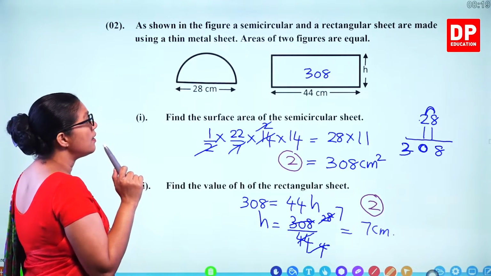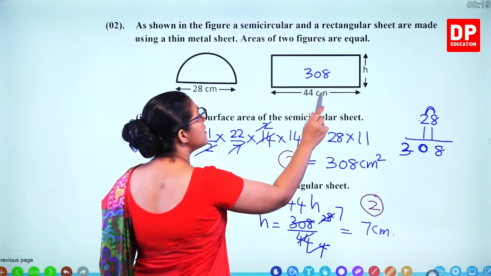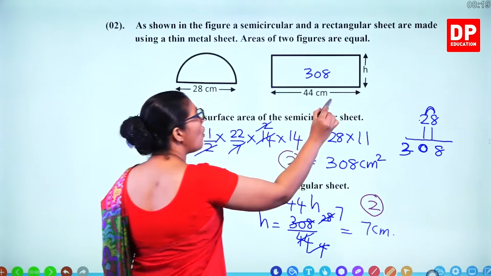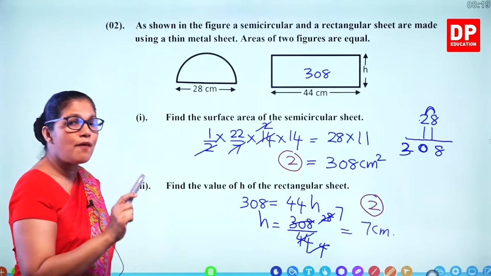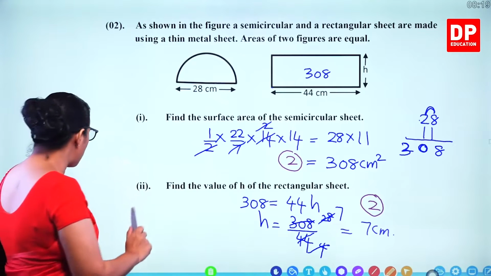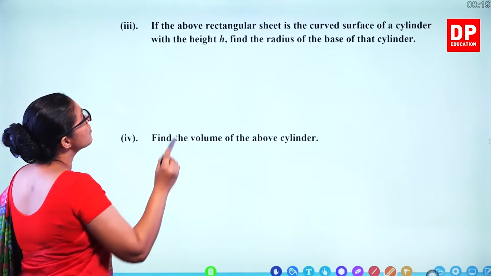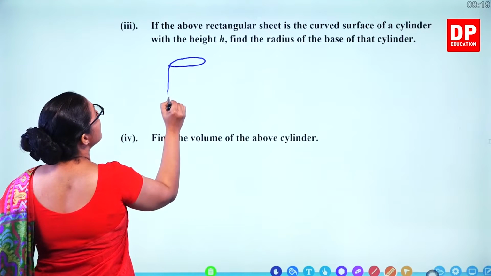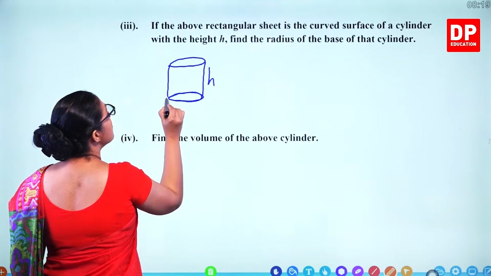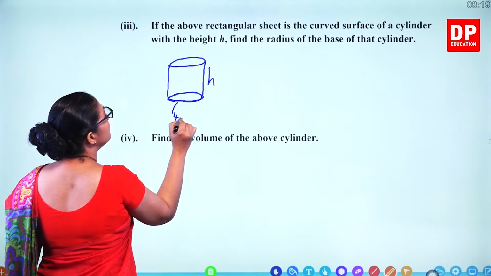So they want the radius of the cylinder. Now, what happens to this length? 44. That becomes the circumference of the circle in the base of the cylinder. So, if you draw like this, the h is this. So, this becomes 44.